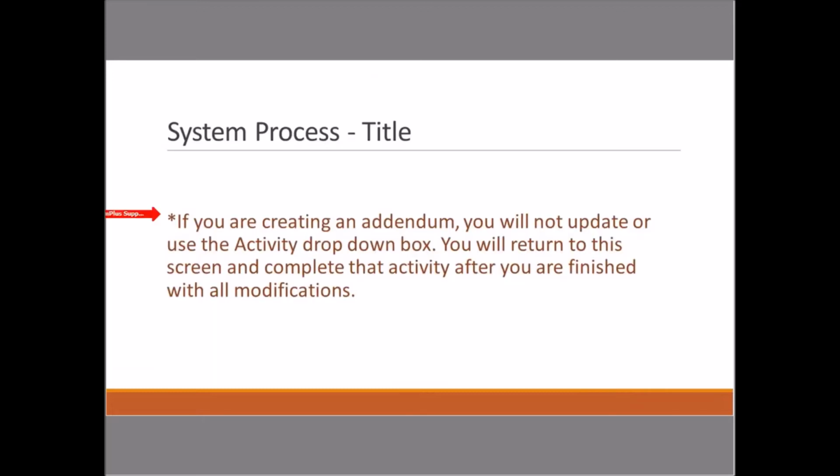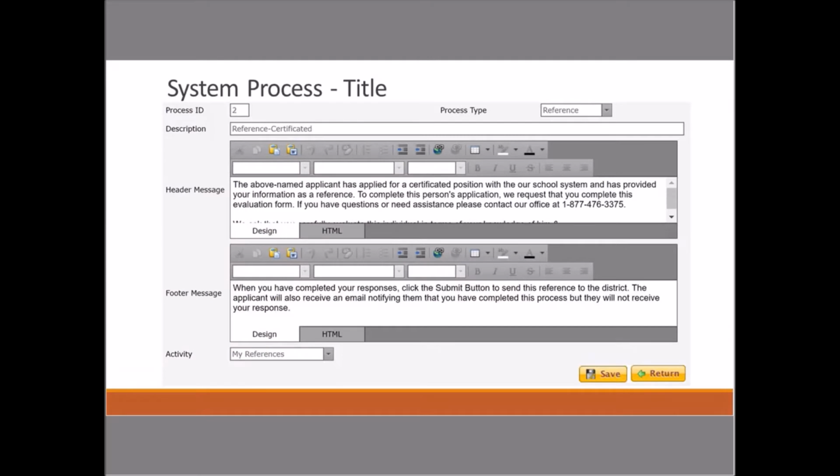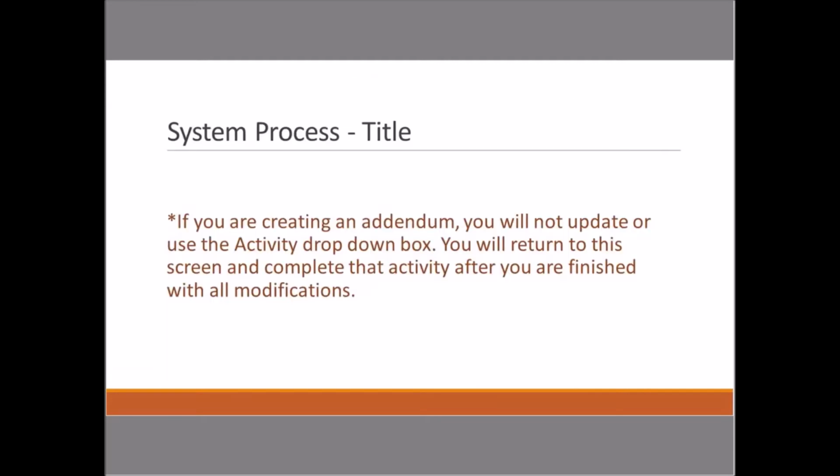So, like I said, if you're creating an addendum, you will not update that activity drop-down box until you've done everything. It's the last step. So your last step is when you would return back to the title section and then pick your activity from the drop-down. And I'll explain what that means as we go on.